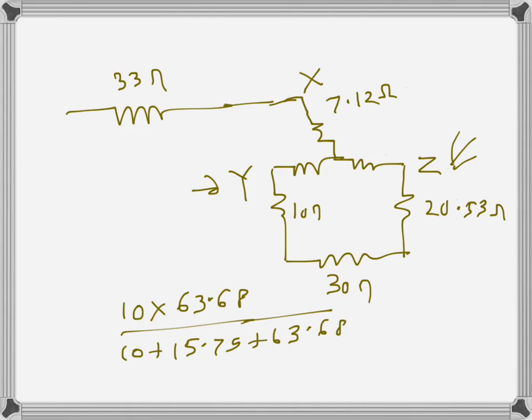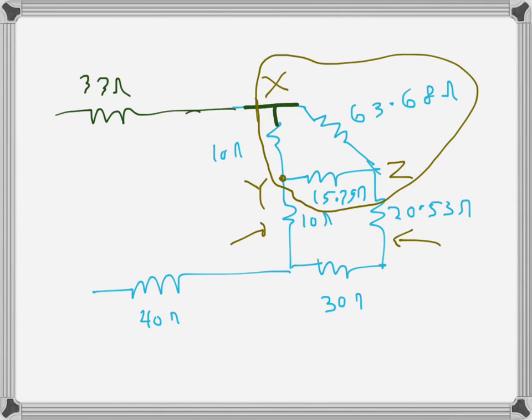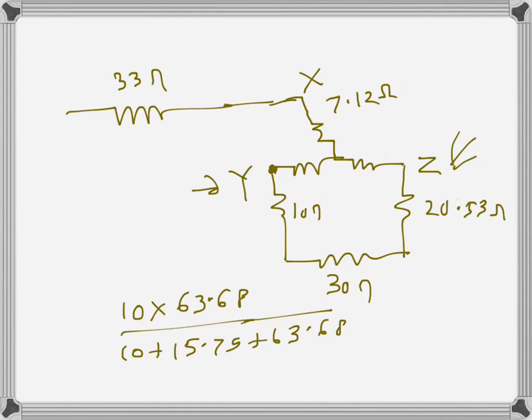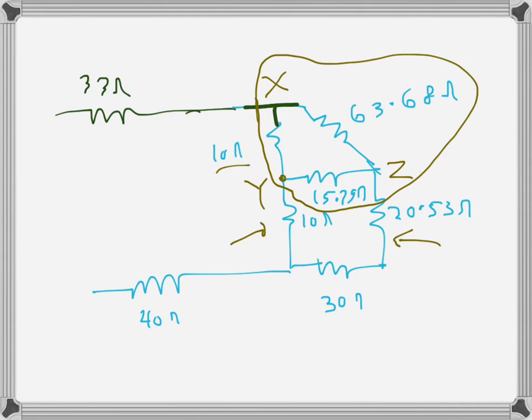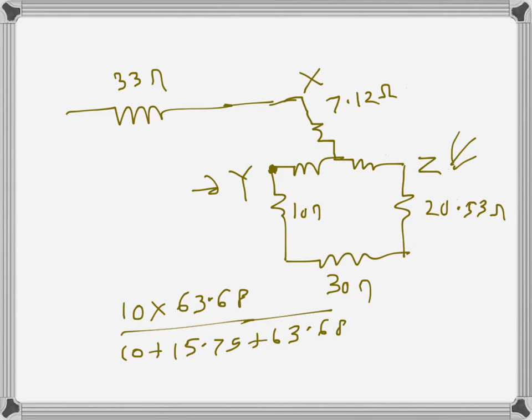And the resistance that is connected to node Y will be 10 times 15.79 divided by this sum. So this sum is almost 89.47.